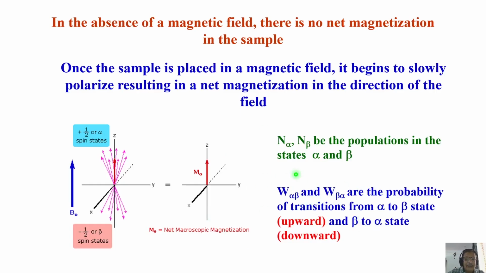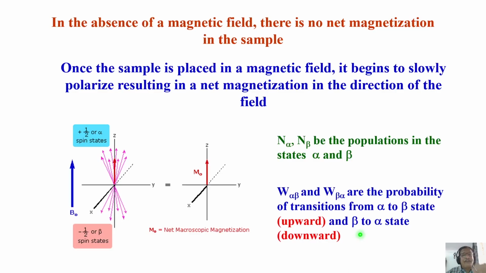Let us define W alpha beta and W beta alpha as the probabilities of the transitions from the alpha state to the beta state, that is the upward transition, and from the beta state to the alpha state. When the spins polarize, some spins go from the lower energy state to the higher energy state, and some come down from the higher to the lower. As a consequence, there is some difference of population.